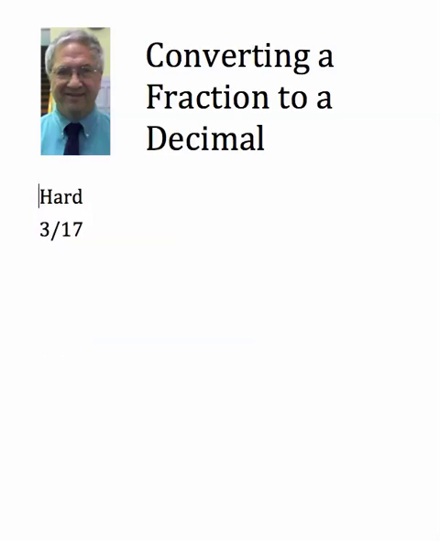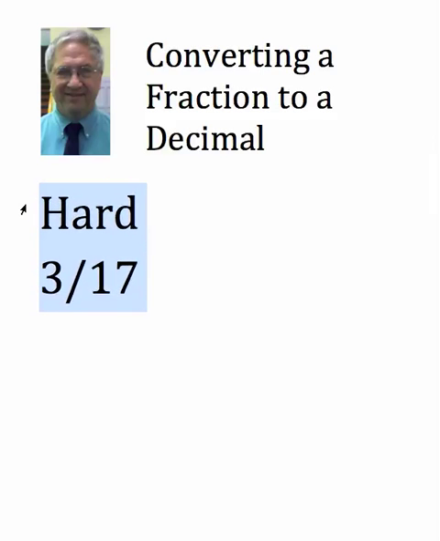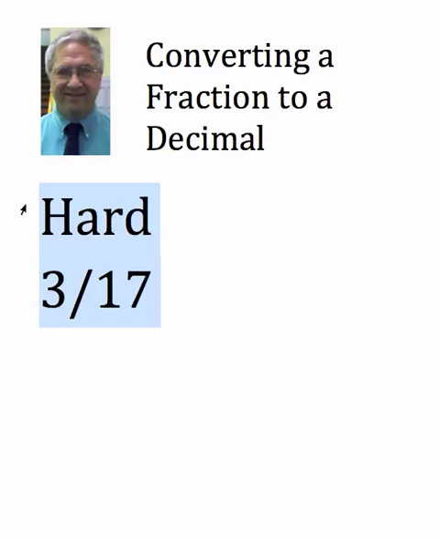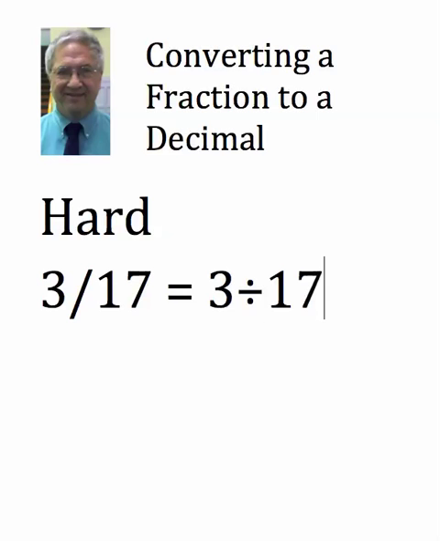And a hard problem, right, which can be done also for easy and medium, a hard problem requires you absolutely to do long division. And that means instead of thinking of it as 3 over 17, you think of it as 3 divided by 17. It's the same thing, but now you do long division.